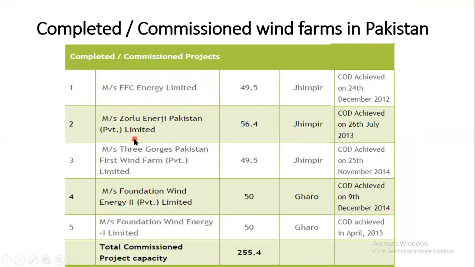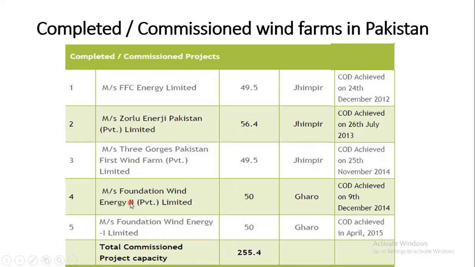M/S Zorlu Energy Pakistan Private Limited installed its 56.4 megawatt power plant in Jhimpir, and COD was achieved on 26th of July 2013. Then Three Gorges Pakistan First Wind Farm Company Private Limited installed its 49.5 megawatt wind power plant in Jhimpir, COD achieved on 25th of November 2014.